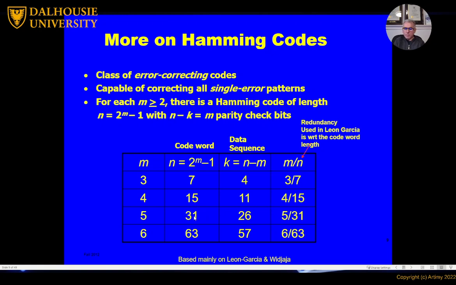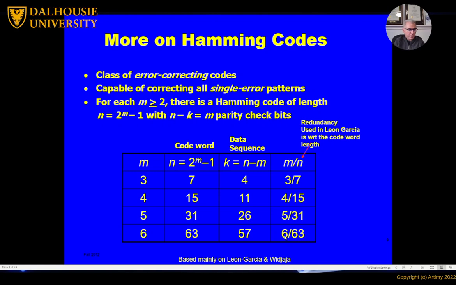We can do the same thing, increasing the size. All of these are Hamming codes, but using bigger words, right? So we can have a 31-bit code word where 26 of it is data and only 5 is redundancy. So now we have less than 1/6 of the code word as redundancy.